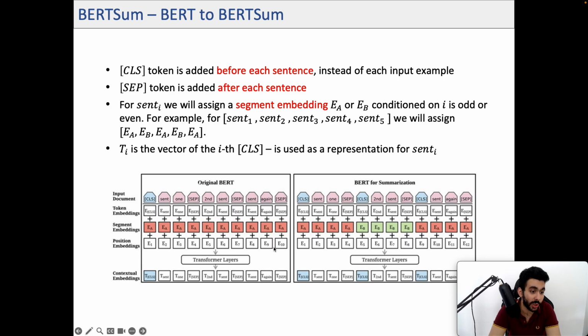And we still have our positional embeddings, which are going from E1 to EN. Then after the summarization layer, we have multiple tokens, being the T CLS, that would ideally tell us whether this sentence is important or not.